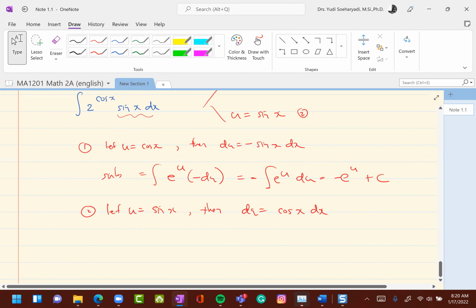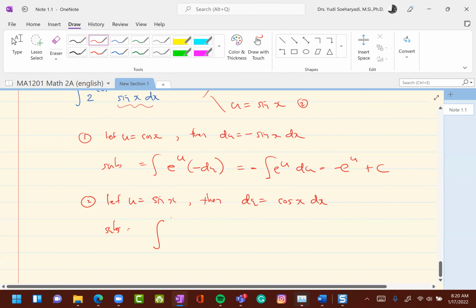If you substitute this, sine x is u times dx.